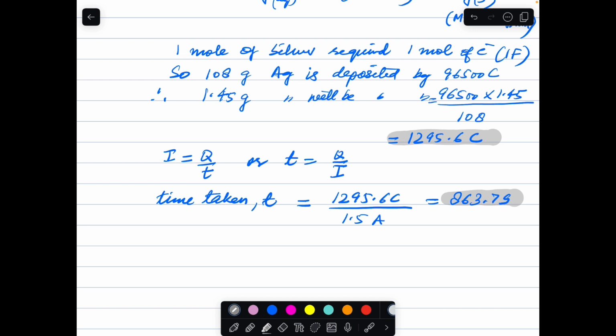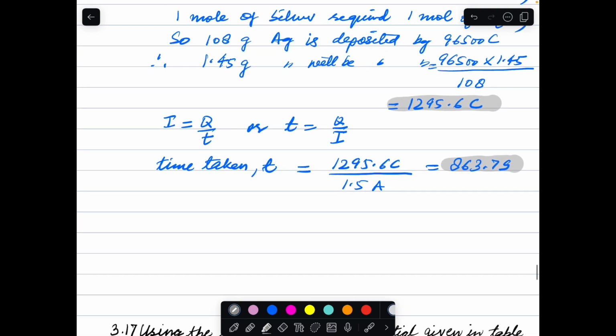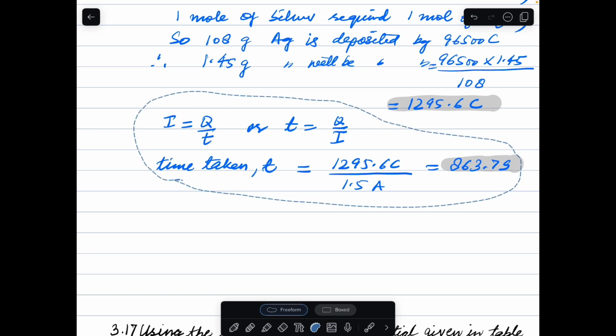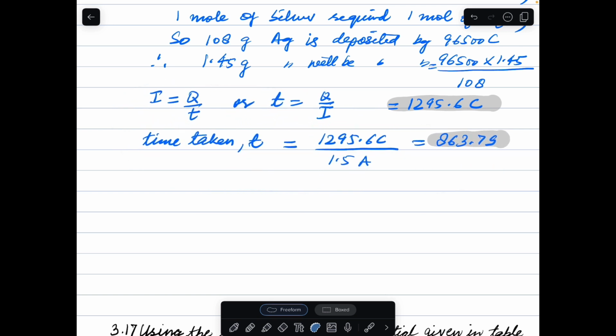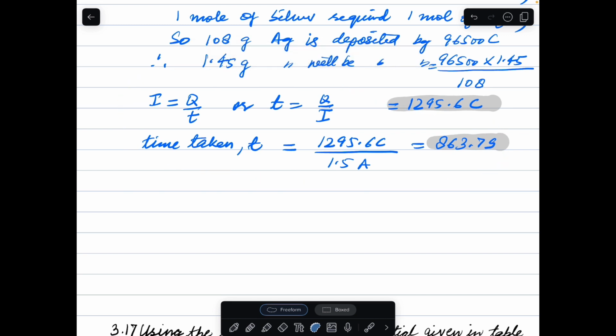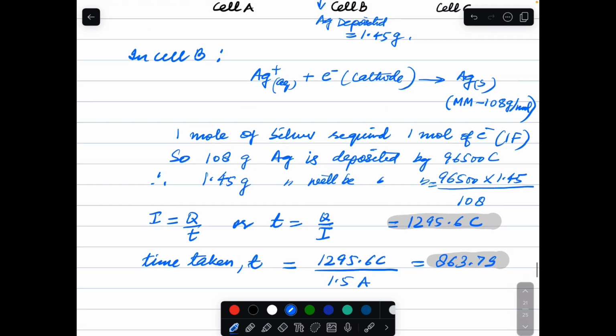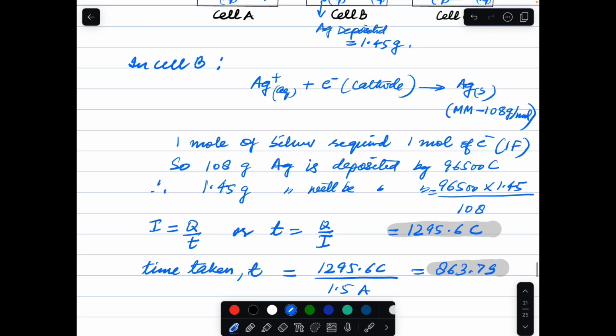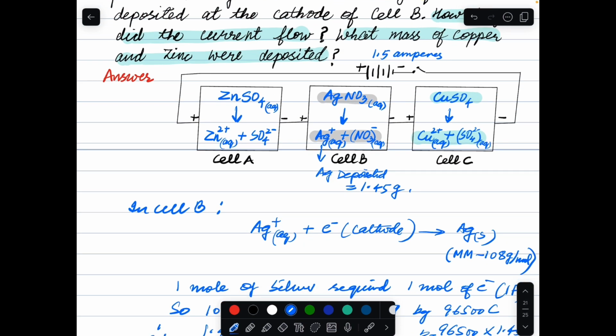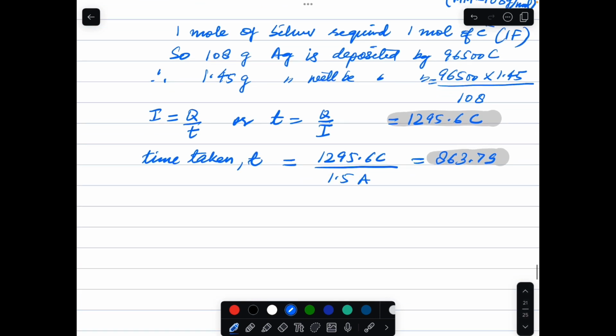Now we will apply this indirectly to the other two cells. For the cell, the first one is cell A, that is, in the case of zinc.